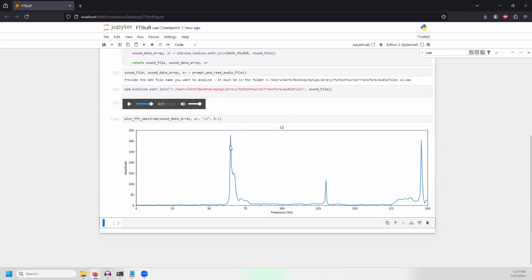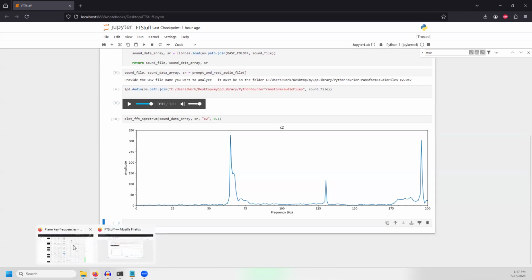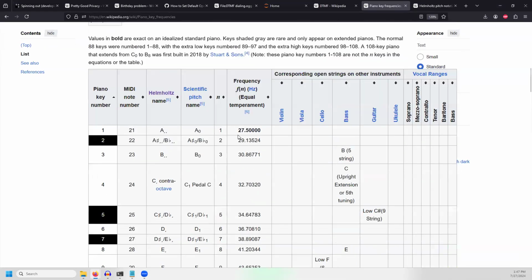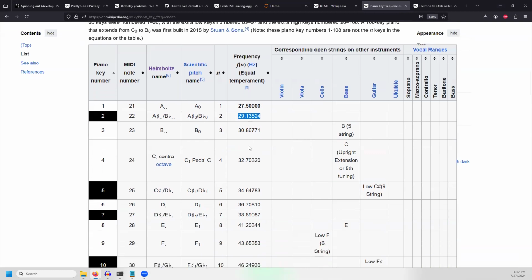Right there at 57. So maybe it's very slightly off by 1 hertz, but that doesn't matter for all but the lowest piano frequencies, even with A0 and B flat 0, it's over 1 hertz difference.